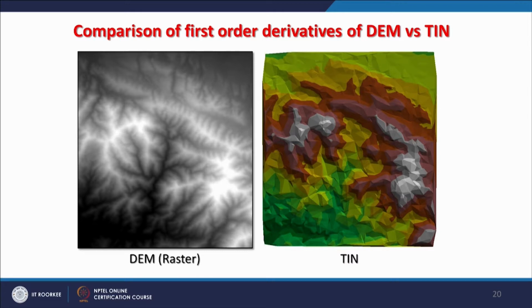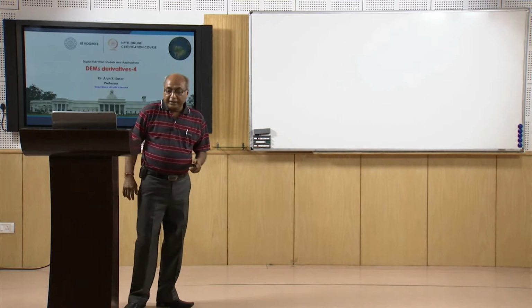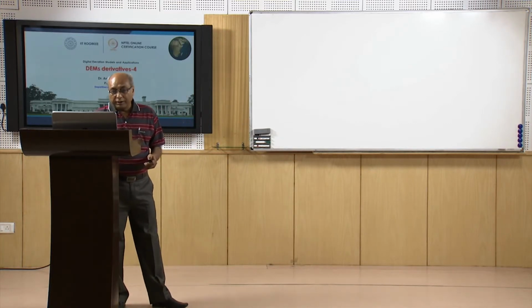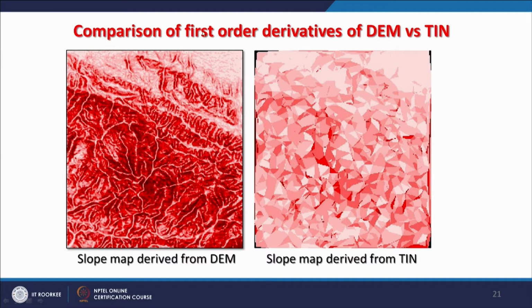So one has to take care about this. Depending on our requirements, we should choose different models. Similarly, if I derive the slope, that is a first order derivative, using a digital elevation model, my slope map looks like this.